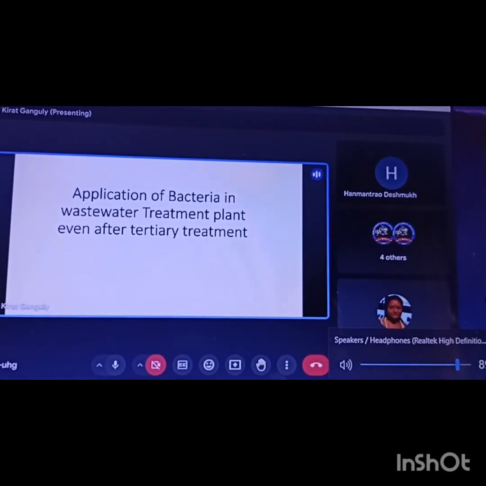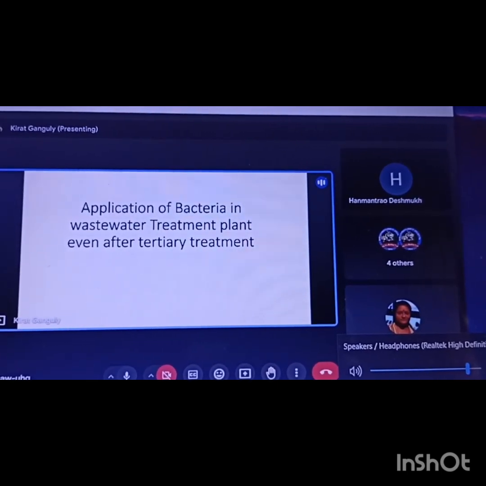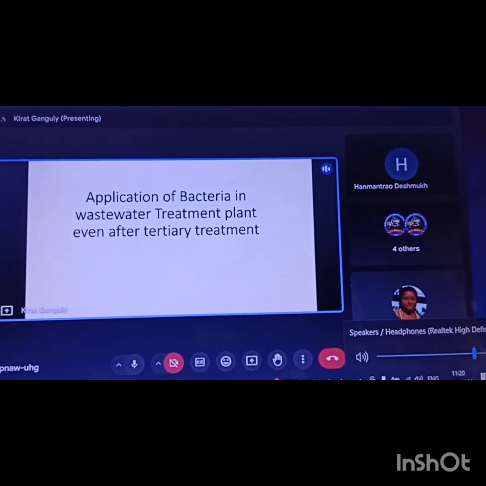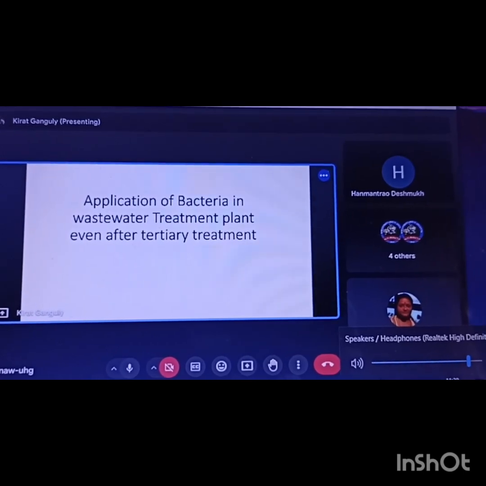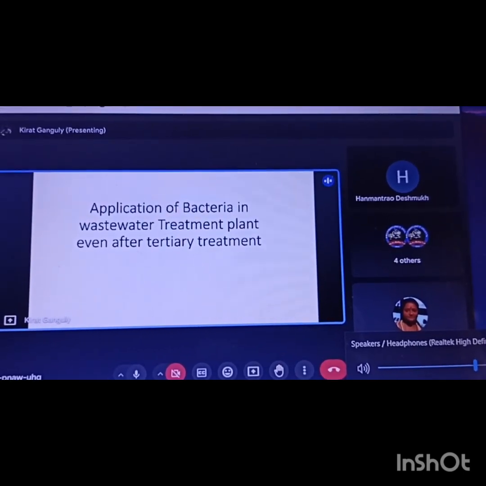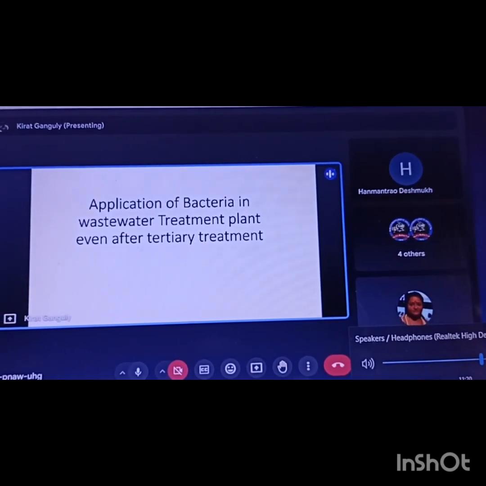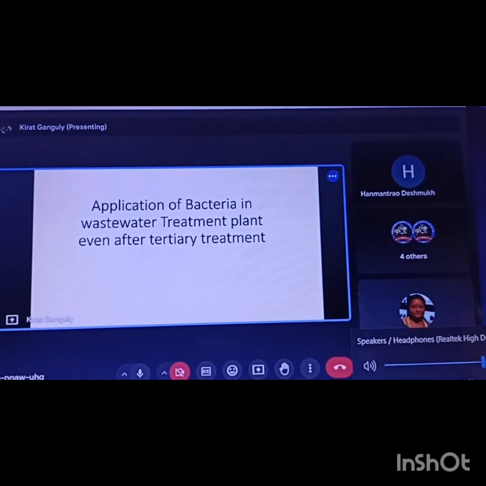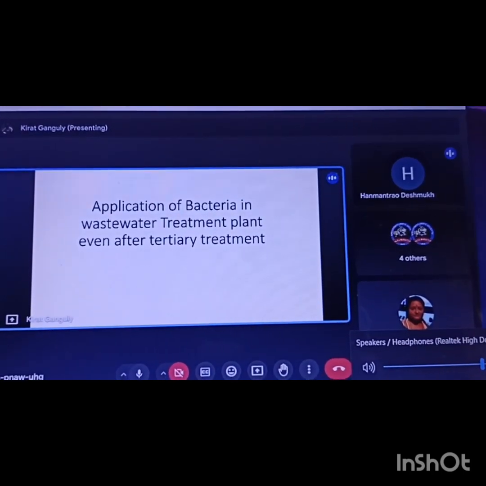So I started work with only the lead contamination, because at that time I found a report from Bardhaman University that showed a high lead content in Tamla Nala. I have that publication. So I started my work in that area, and my idea was to find some lead bacteria, obviously, because before going to the application field, I had to check whether any organism is degrading.